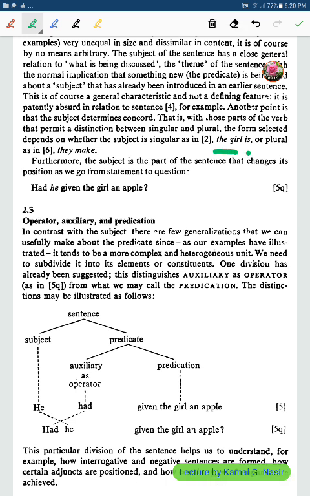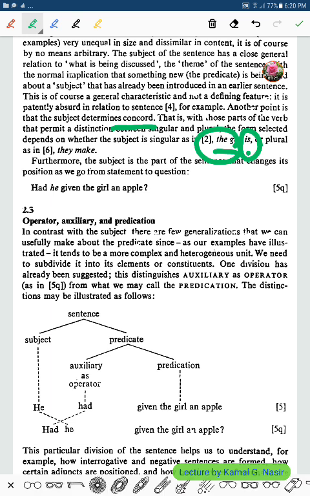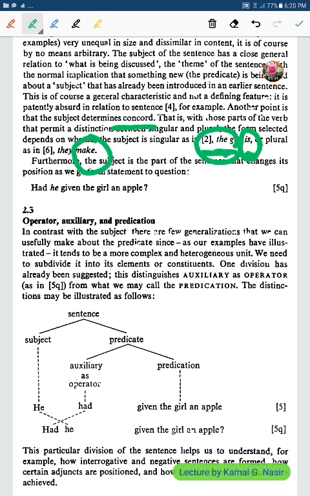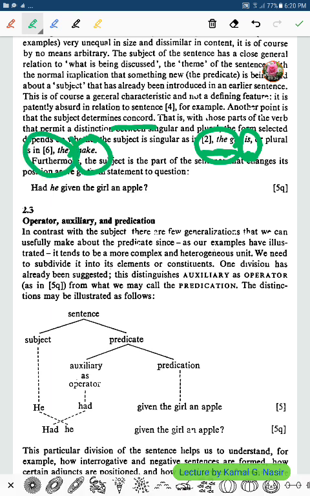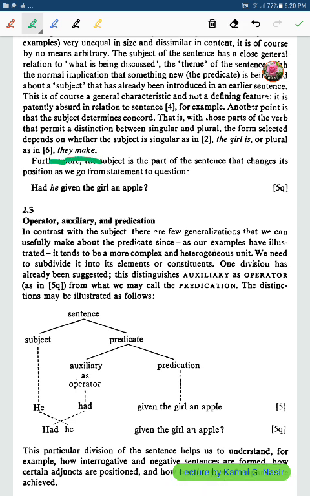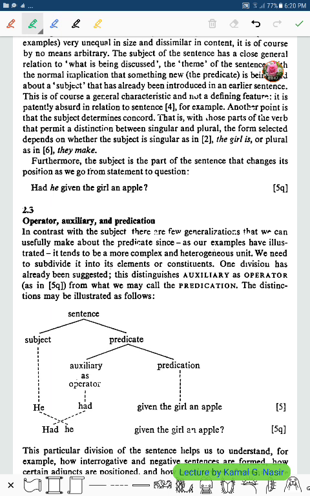The girl is, here in concord with what? With the girl, right? And is is for singular, and the girl is singular. Make here is in concord with the subject before. So the subject, they, is plural, and make takes the form of the plural. This is what we talk about.